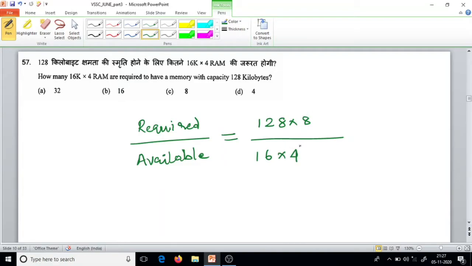So if you divide, 128 divided by 16 comes to 8, which equals 16.